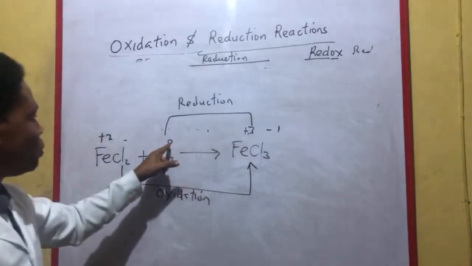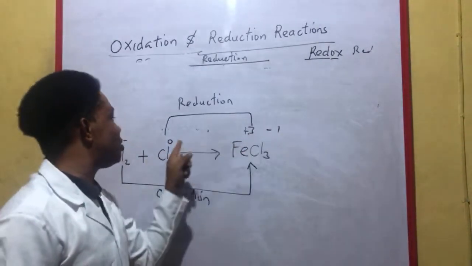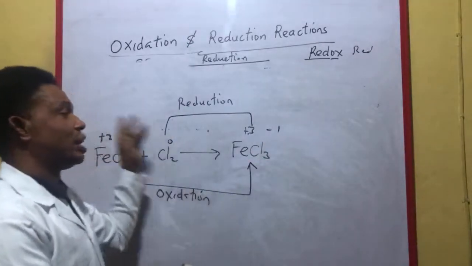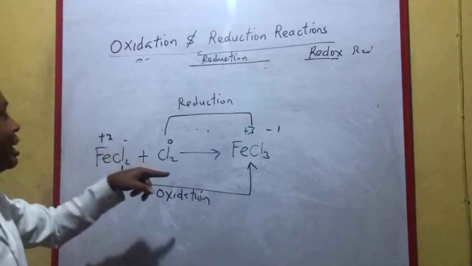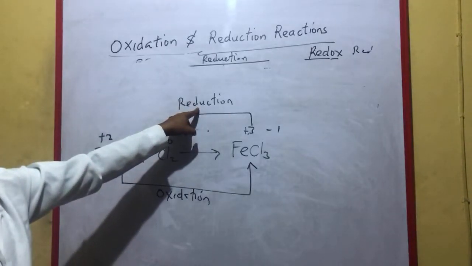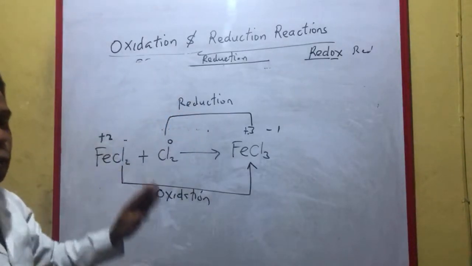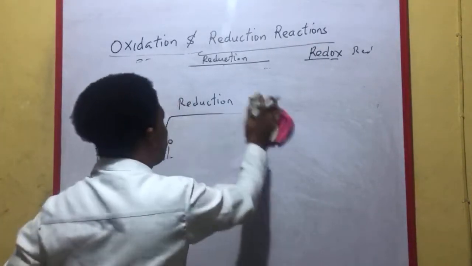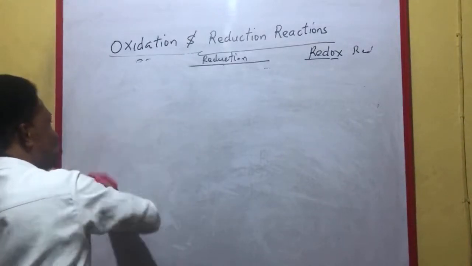And 0 is higher than minus 1 because minus 1 is already on the negative side. So there is a decrease in oxidation number, and that is reduction. I hope that is well understood. So oxidation and reduction reactions always occur simultaneously.